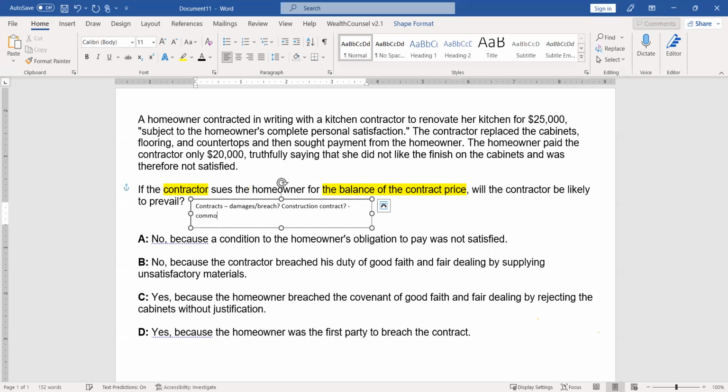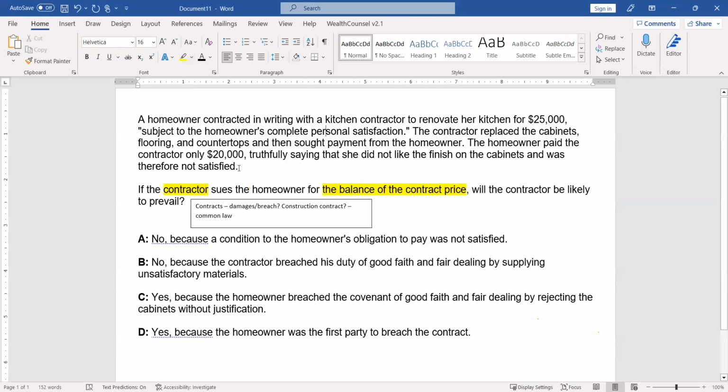The reason why that's important is you identify it as being common law. Remember, I said usually when you're identifying the subject as a contracts question, you want to shift your brain to the UCC outline if you recognize that it's a UCC question.